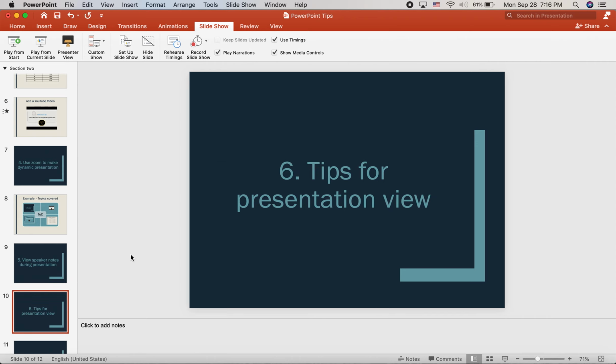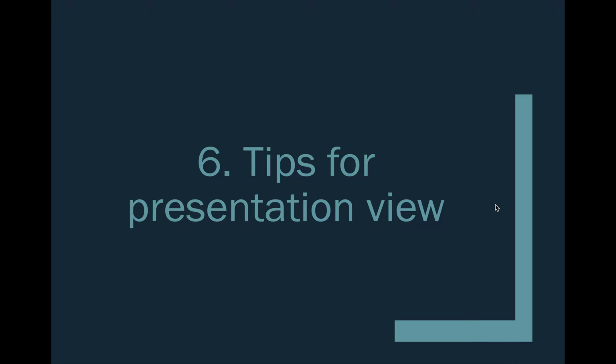Now, the sixth tip is about some of the tips related to when we are on our presentation view. So let me just go to our slideshow mode. Sometimes it so happens that while we are presenting, we may have some specific elements on our slide that we want to point out to our audience.